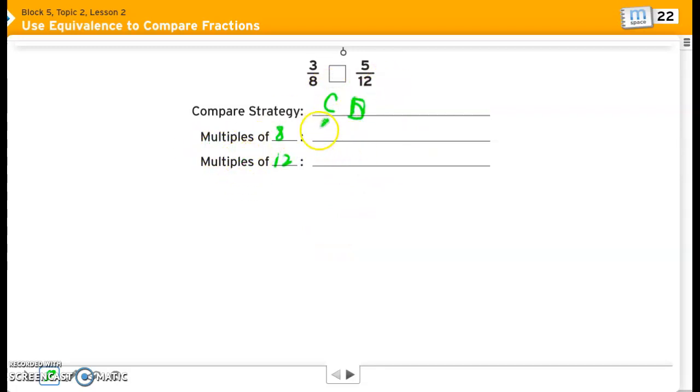Multiples are just the answers to your facts. So we're going to skip count by 8: 8, 16, 24, 32. Now we'll do our 12s: 12, 24, and I don't have to go any farther. I know that the common denominator will be 24.